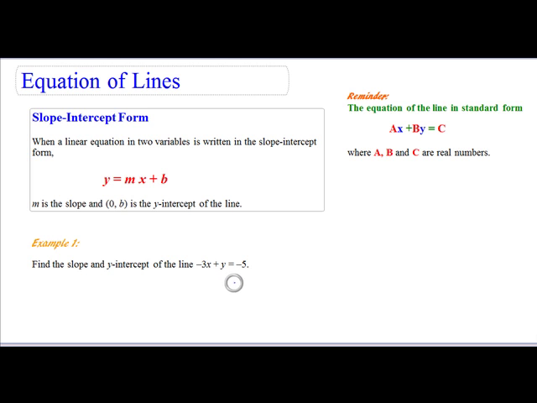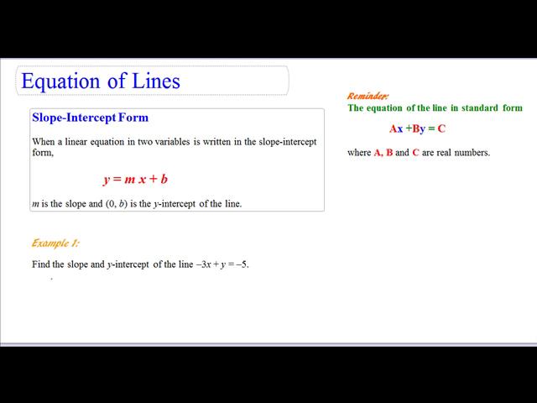So the best way to find the slope and the y-intercept, all we have to do is rewrite this equation to look like this form, which is the slope-intercept form. So in other words, we have to solve for y. Now, how do we solve for y?